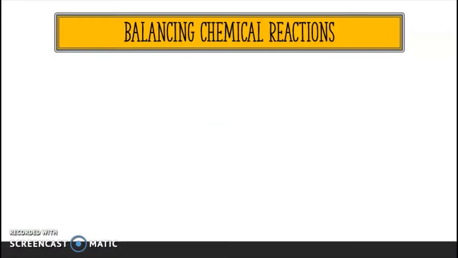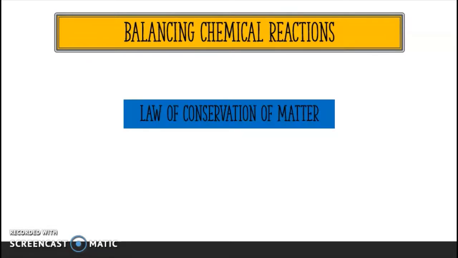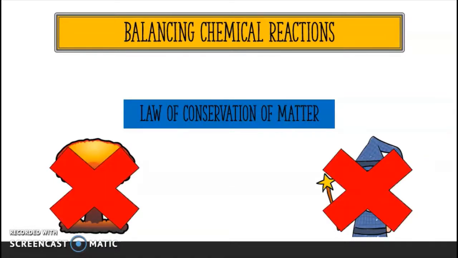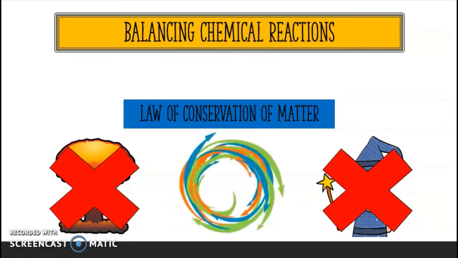Now, where did this come from? Well, balancing chemical reactions is all born from one inescapable law, the law of conservation of matter. Now, if you don't remember what this law means, it simply states this: that matter can neither be created nor destroyed. It can simply be rearranged.